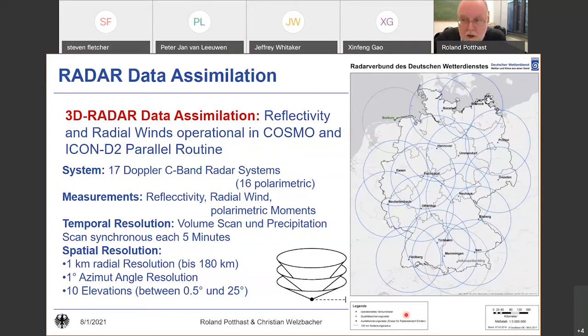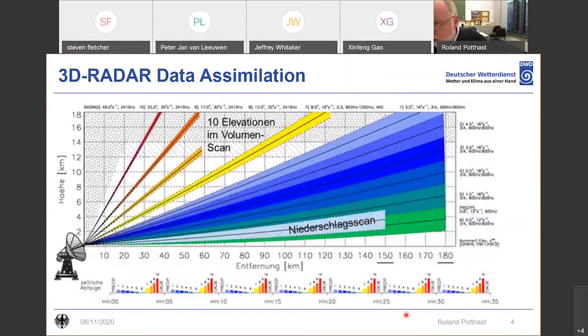So basically you get disks of nearly 400 kilometers diameter, and then you have some angle resolution and 10 elevations basically covering the height. And here on the next slide, I show you the different scan pattern basically in the vertical.